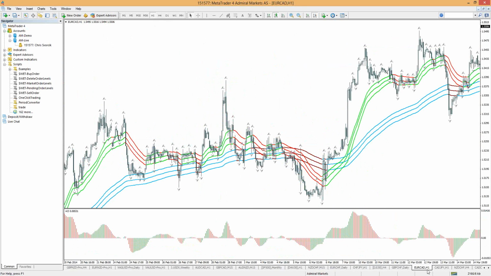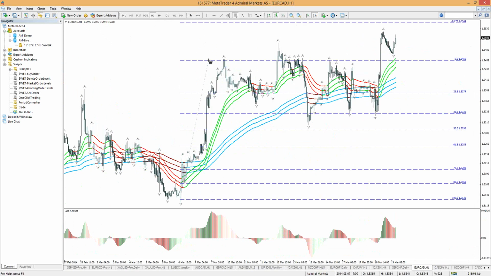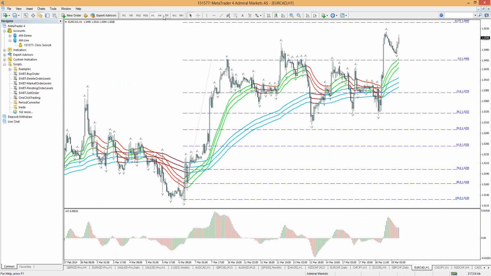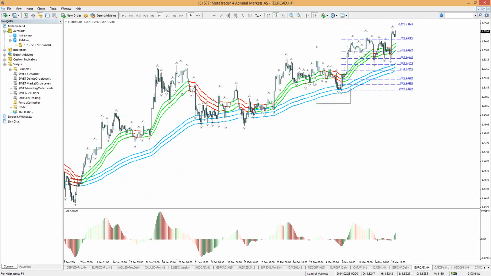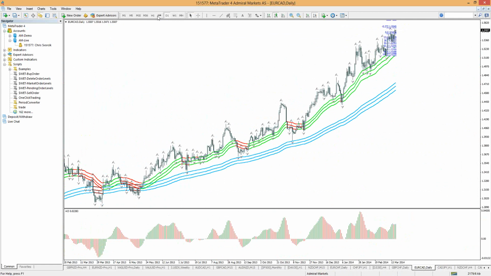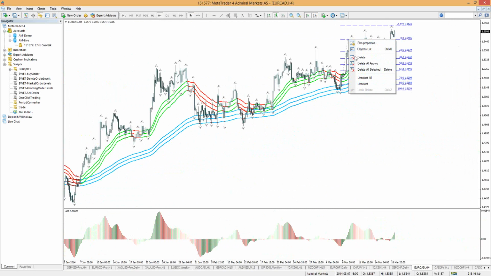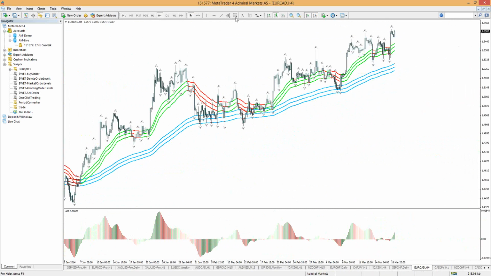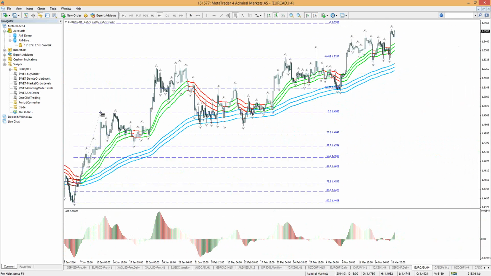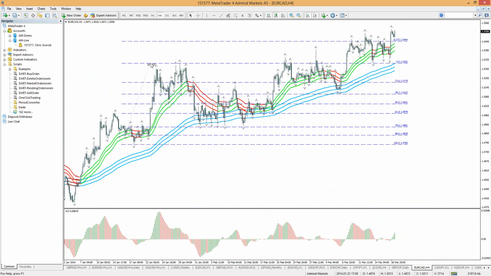Maybe the EuroCAD indeed, because the dollar CAD is making a lot of upside. Let's see, put a fib on this one. Sorry folks, I'm just trying to see where the fib targets could be.